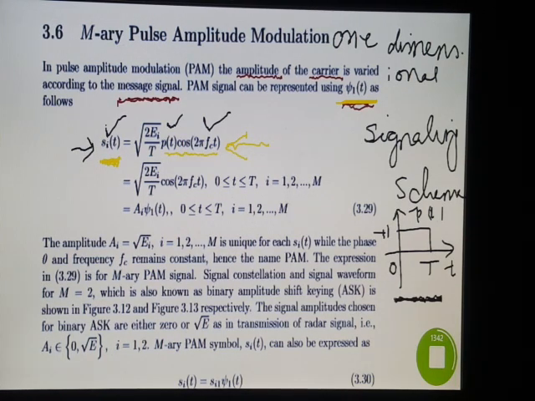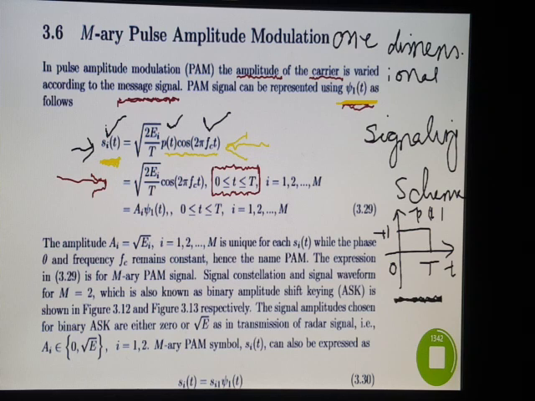In the second line of equation 3.29, p of t is not written. We can ignore it, but then we have to specifically write that our signal exists between 0 and T, because we know the pulse exists between 0 and T.